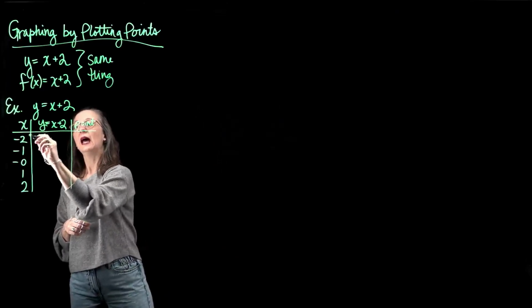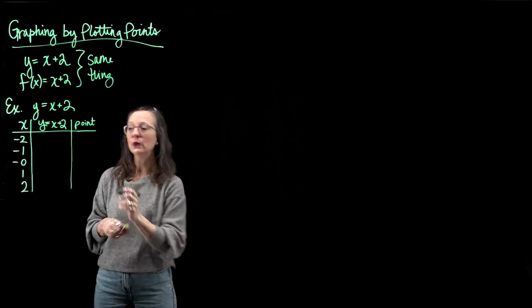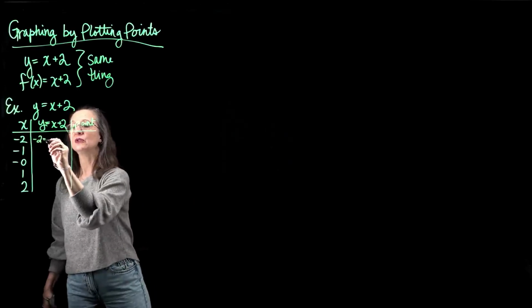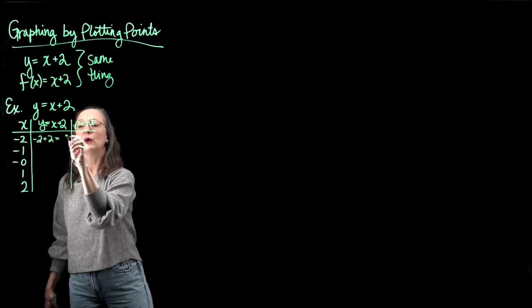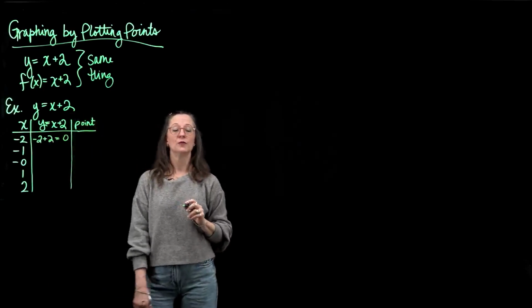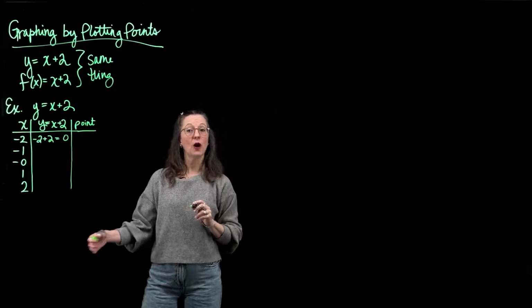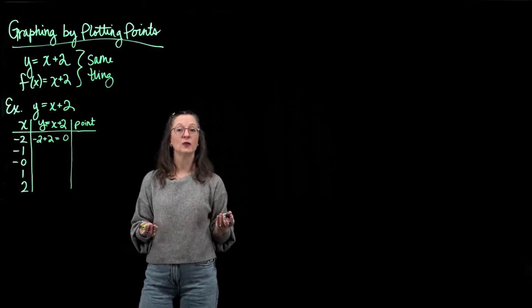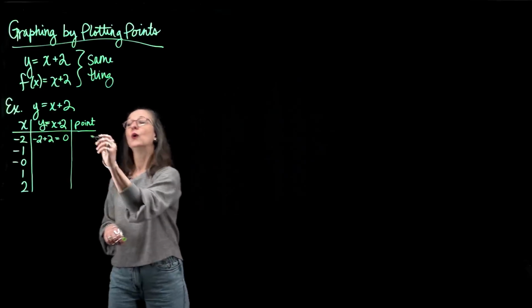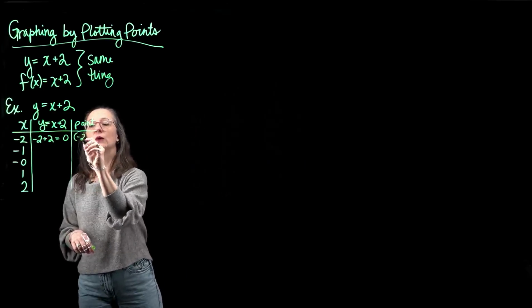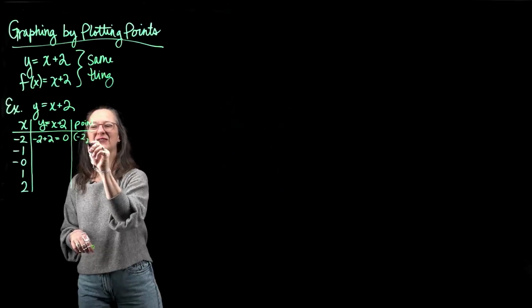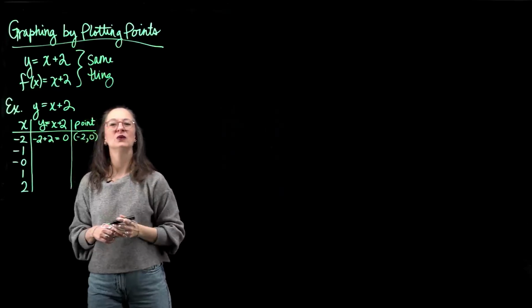So when x is -2, y will be -2 plus 2, which is equal to 0. And then on the same row of my table, I'll write the point we just found, which is x equals -2, y equals 0.